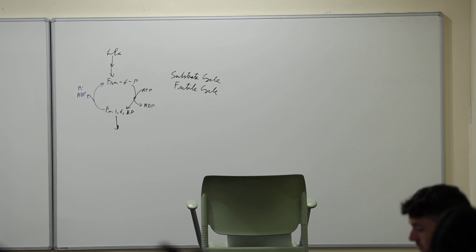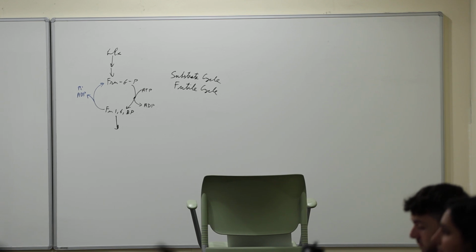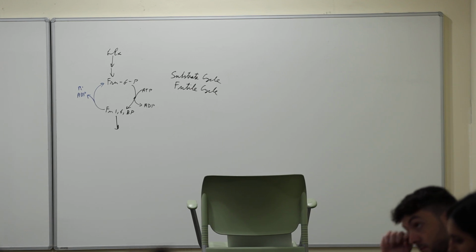You make 2 ATPs in glycolysis, you consume 6 ATPs in gluconeogenesis, so you are burning 4 ATPs in the process. And that's how you burn fat calories. When you are doing exercise, you are actually burning fat, not while you are doing exercise, but after your exercise, when all this goes up, and the pyruvate is converted back to glucose.